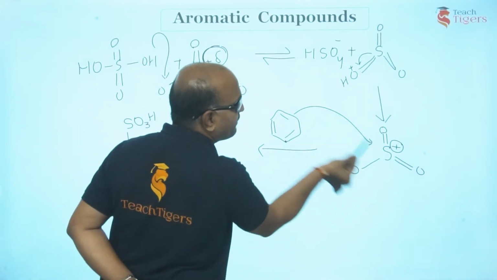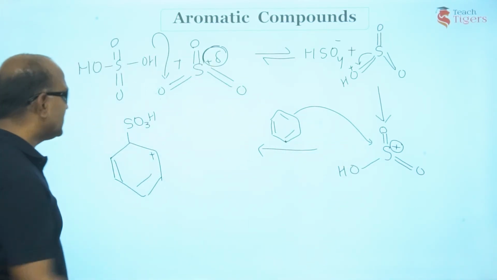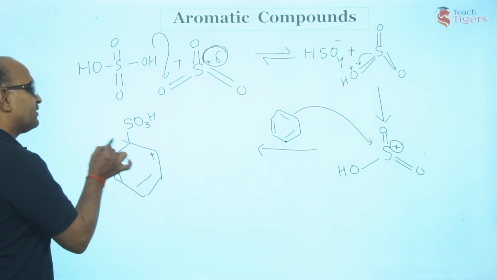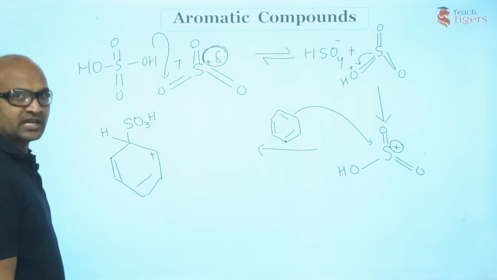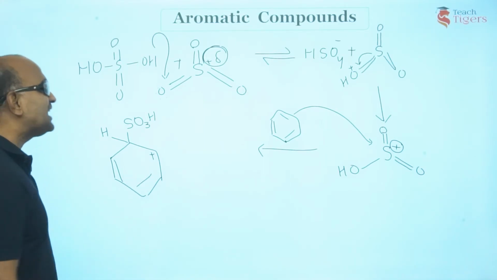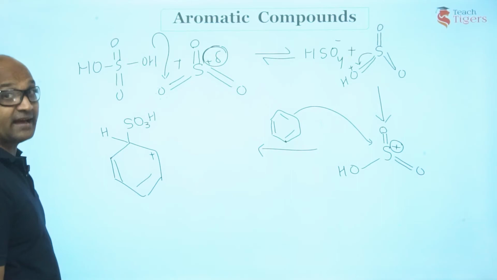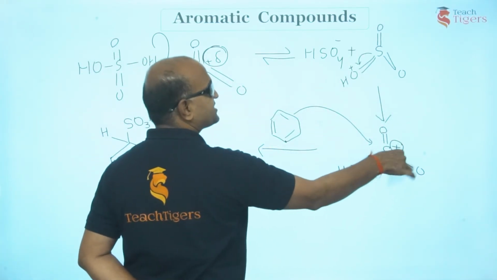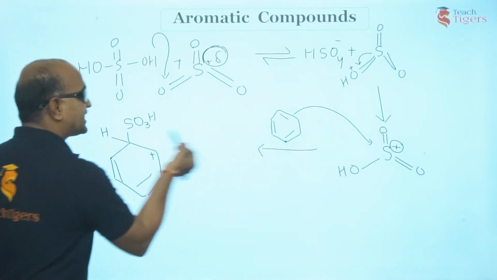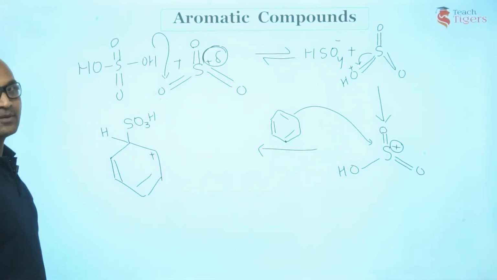Benzene has donated the pi electron to the sulfur. As you all know, there is one hydrogen on every carbon atom of the benzene ring. Is this clear? So this is the arenium carbocation that we have. This is the electrophile and its character has been increased by the sulfuric acid. It attacks the benzene ring to give this arenium carbocation.